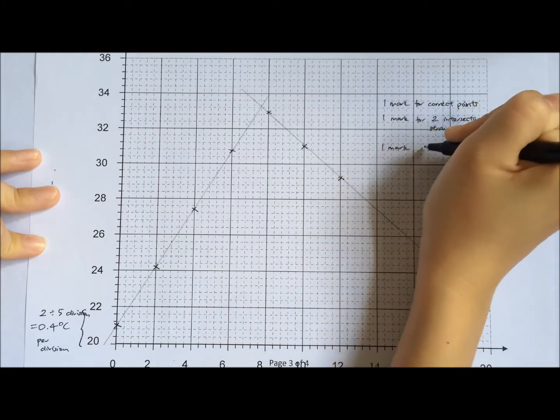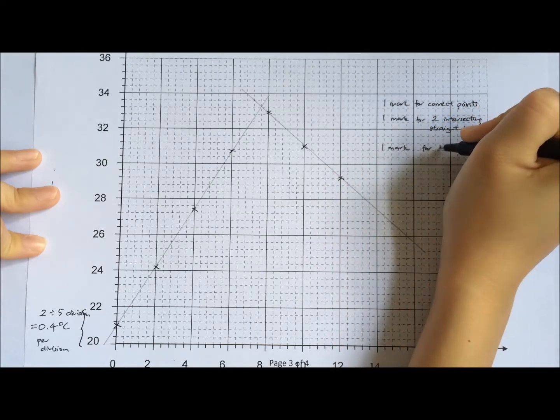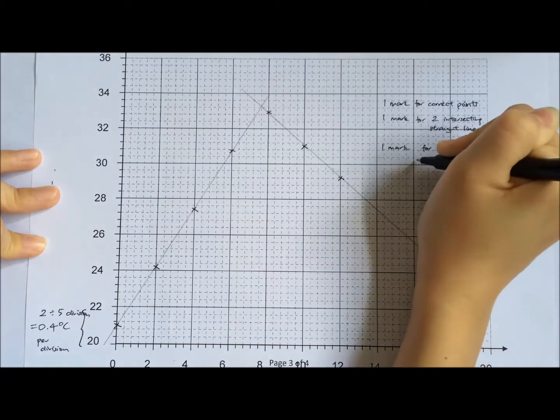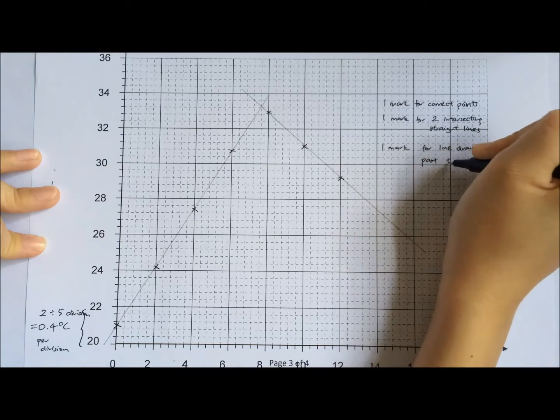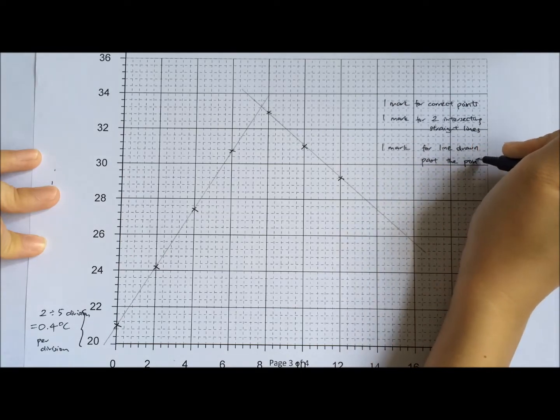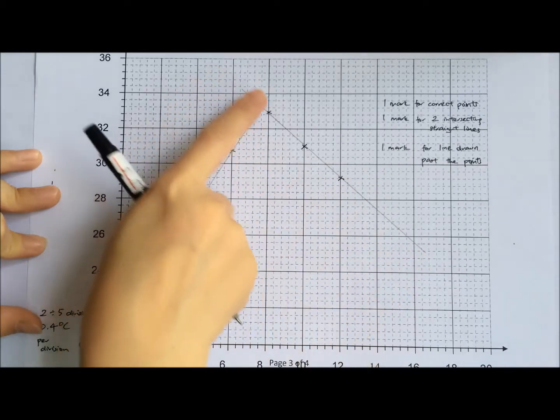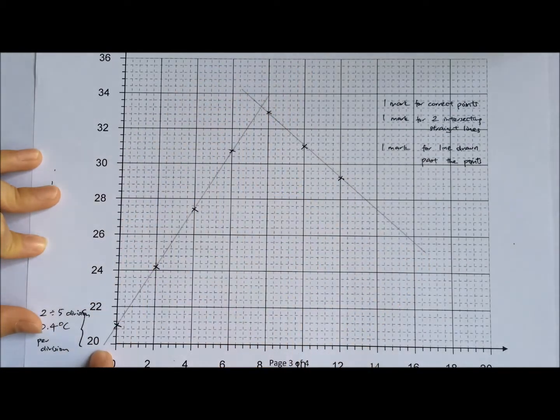And the other 1 mark is for you to draw the lines straight through all the points. That means you don't stop at the last point, but you draw it all the way extended. So you draw it extended like that, both ways. That's where you get the third mark.